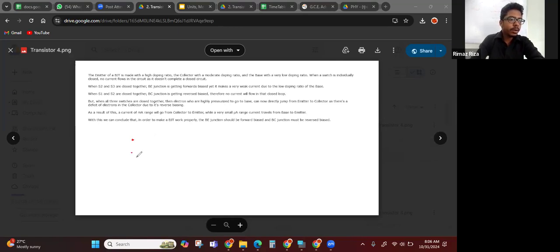And the second point, the BE junction is forward biased with a small voltage. We need only a small voltage.